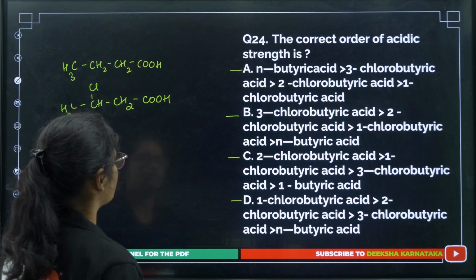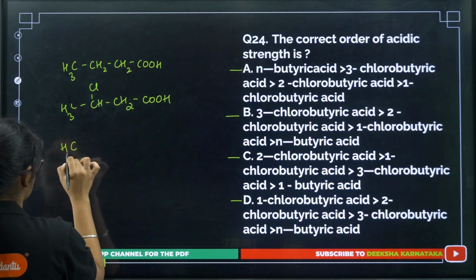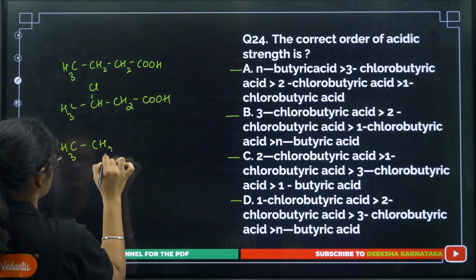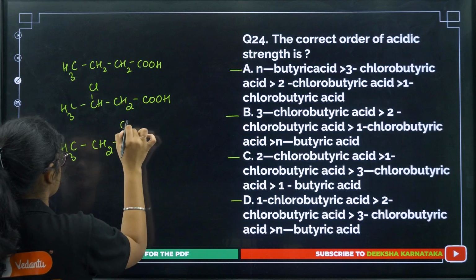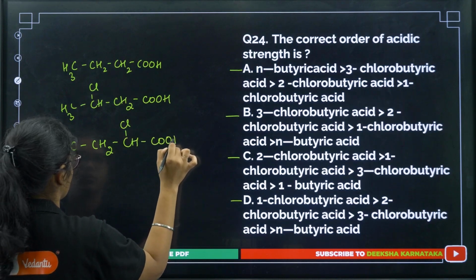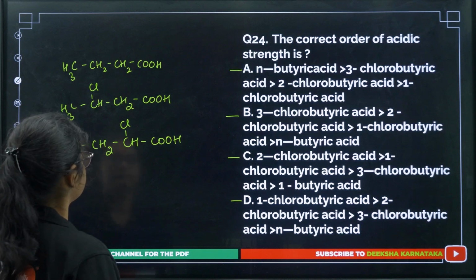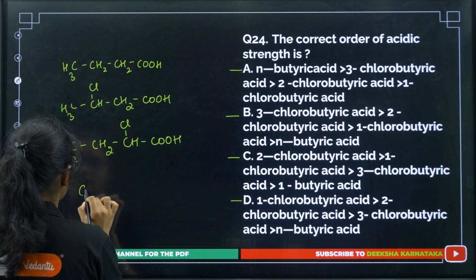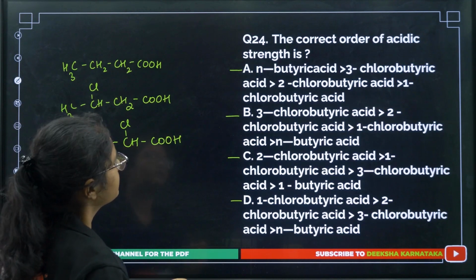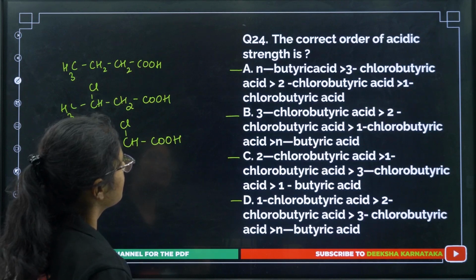Next you have 2-chloro-butyric acid, CH3CH2CHClCOOH. Next you have 1-chloro-butyric acid, right?